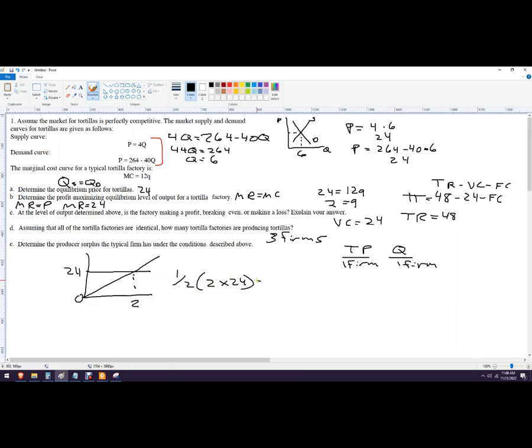That would be 48 over 2, which is 24. So the producer surplus for that individual firm would be 24, which is very similar to the profit. So that's how to solve that problem and get marginal revenue from a market algebraically.